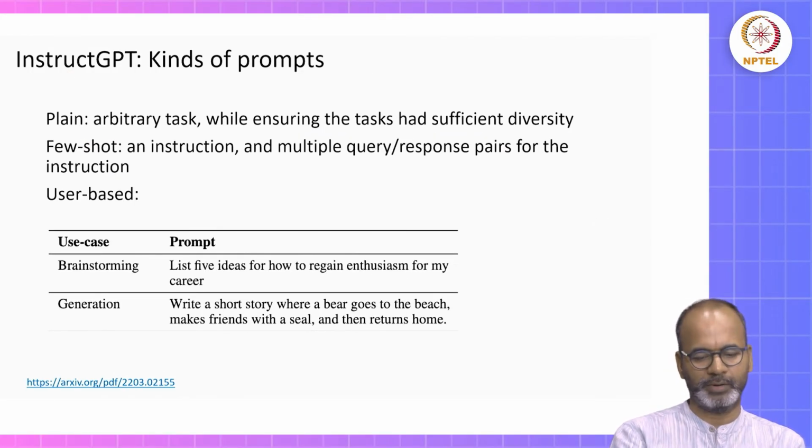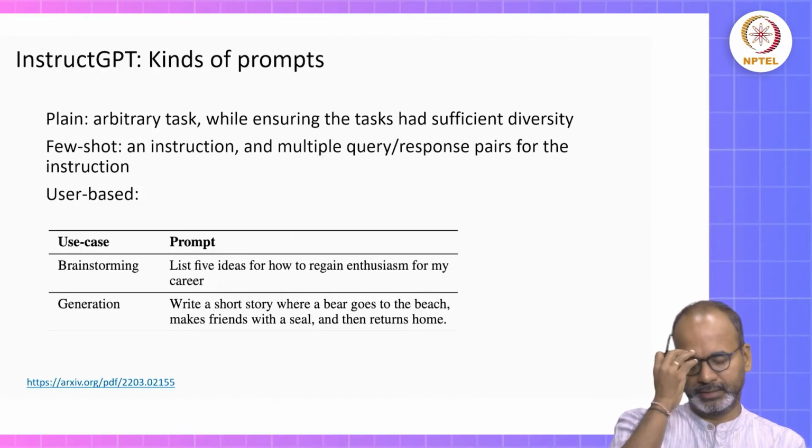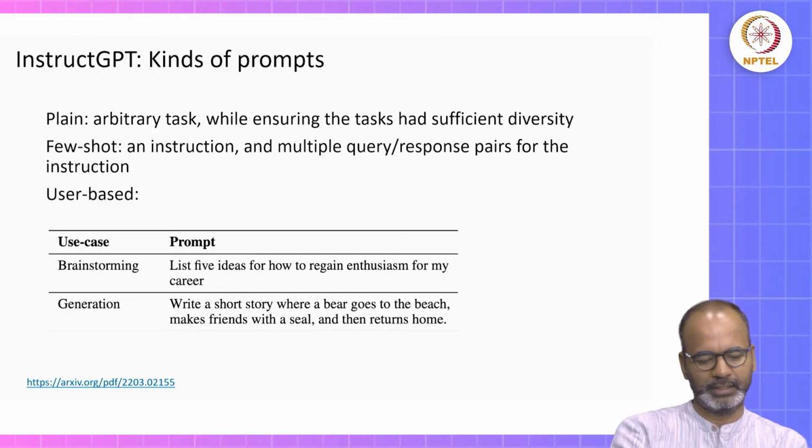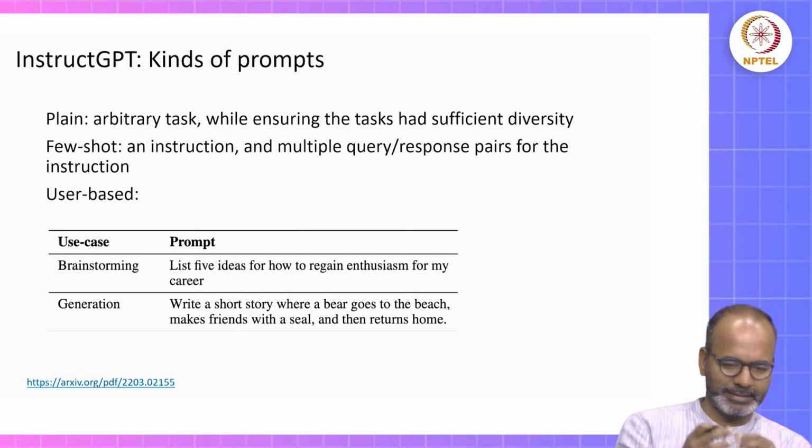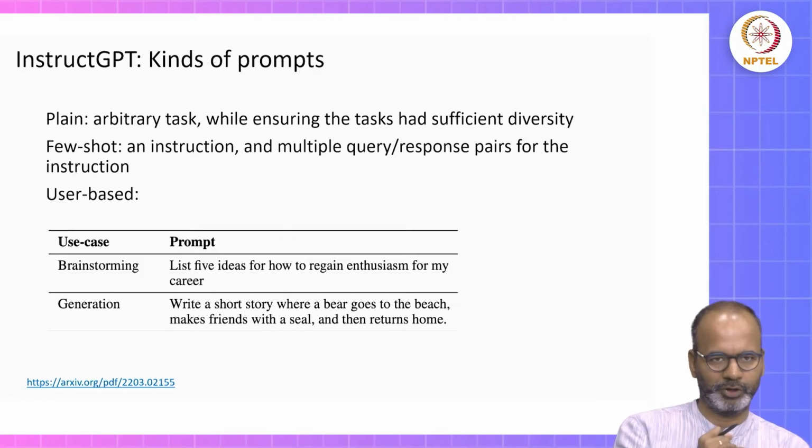So the kinds of prompts and some examples of InstructGPT itself: arbitrary tasks while ensuring the tasks had sufficient diversity. Few-shot InstructGPT is an instruction and multiple query-response pairs for the instruction. So the idea is that there are different types of prompts that you can use, which are plain, few-shot, and user-based.